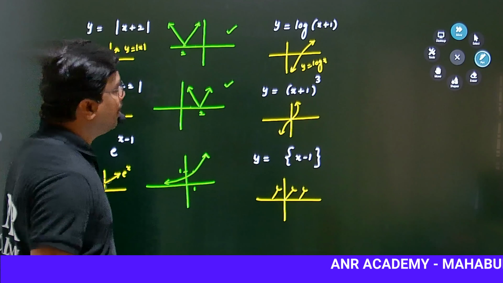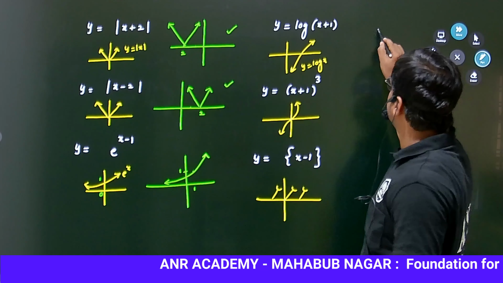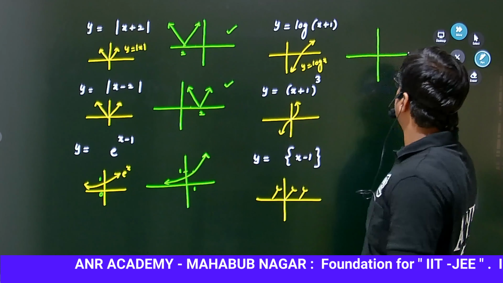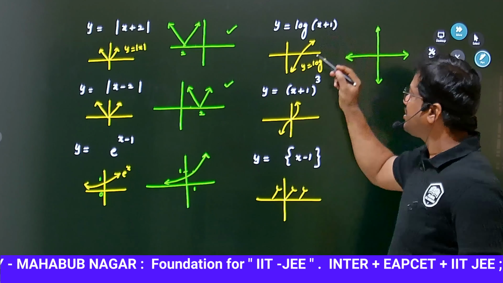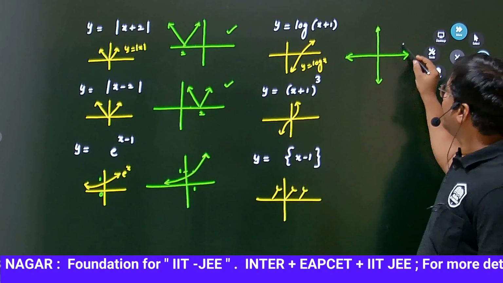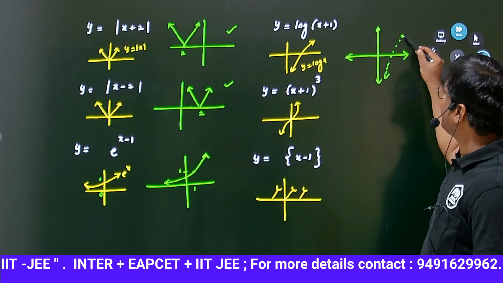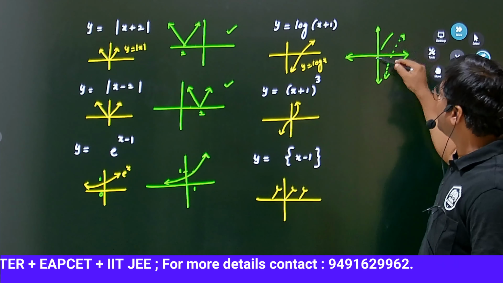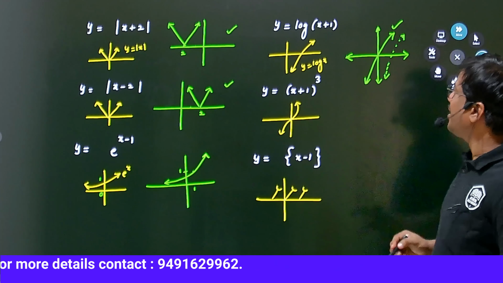Next, log x graph. From log x to log of x plus 1, you have plus 1 here. So shift the entire graph 1 unit towards left, so that you will get the graph in this way. This is the graph of log of x plus 1.